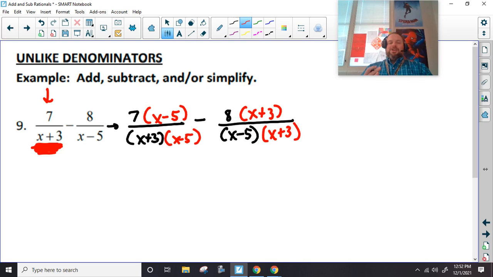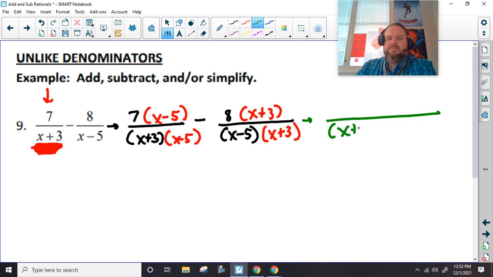All right, so now I'm not a big fan of these, and let me explain why. This is all just multiplication and simplification. The other ones I really like because it gets into more factoring. So we got our common denominator. 7 times x is 7x. 7 times negative 5 is negative 35.